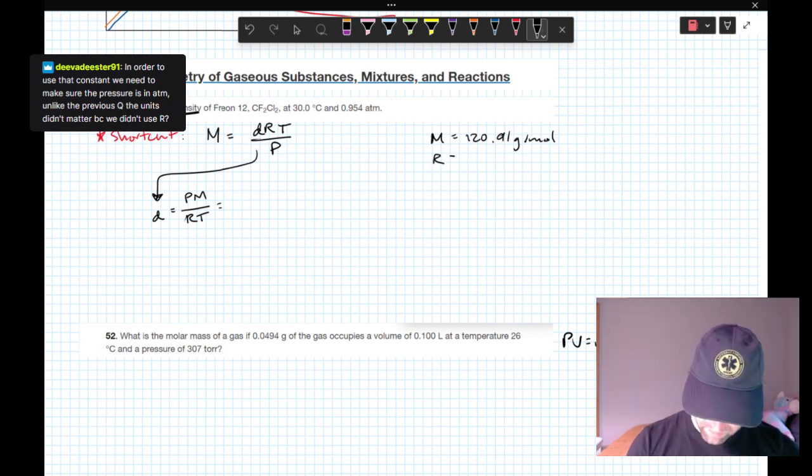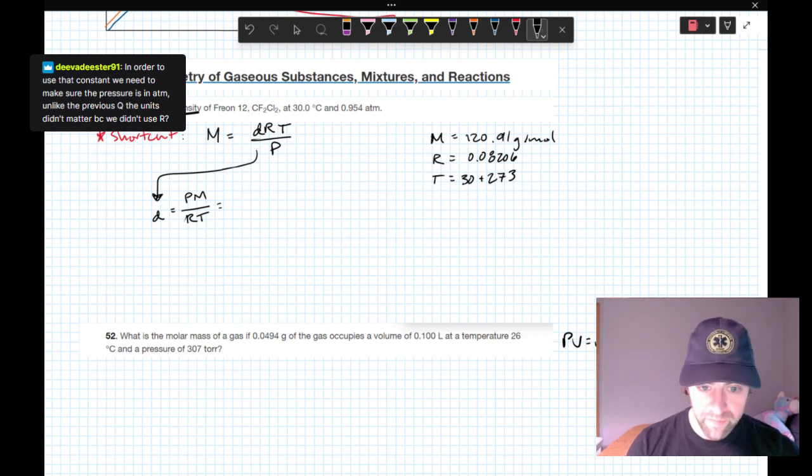We have the gas constant. We have temperature in Celsius, which we convert to Kelvin, and we have the pressure.